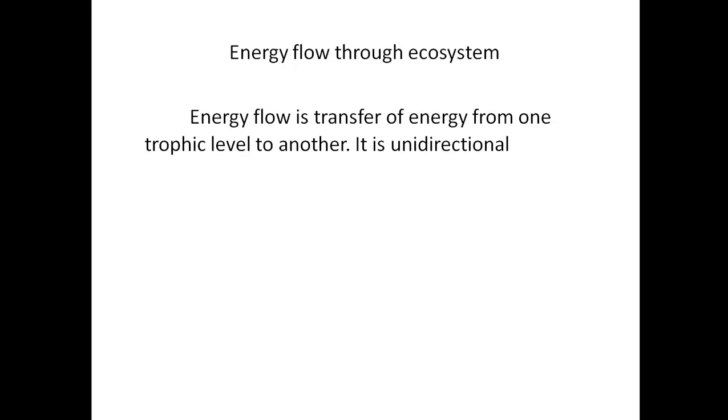So the energy flows in an ecosystem from the producer level to the consumer level. At each trophic level, 80 to 90% of energy is lost by respiration and death. I'd already talked to you about it at the beginning. Hence, the amount of energy decreases from the producer level to consumer level.